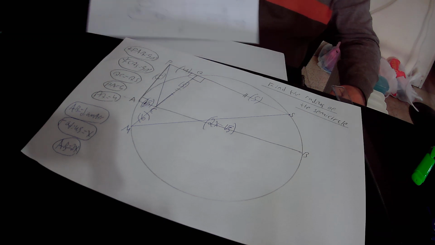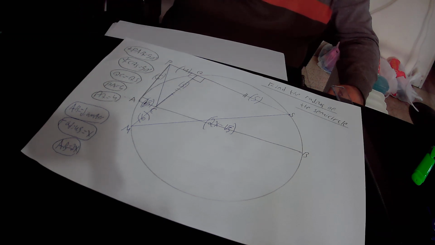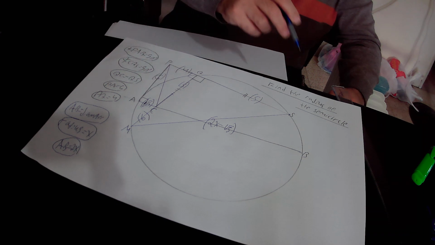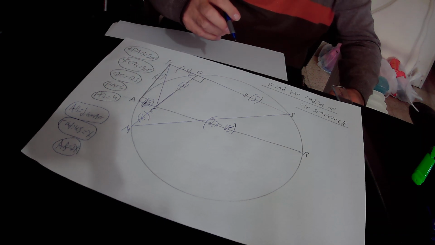So in the next step, I will copy the right triangle MQS in a new page and we will implement the Pythagoras theorem on this right triangle MQS.